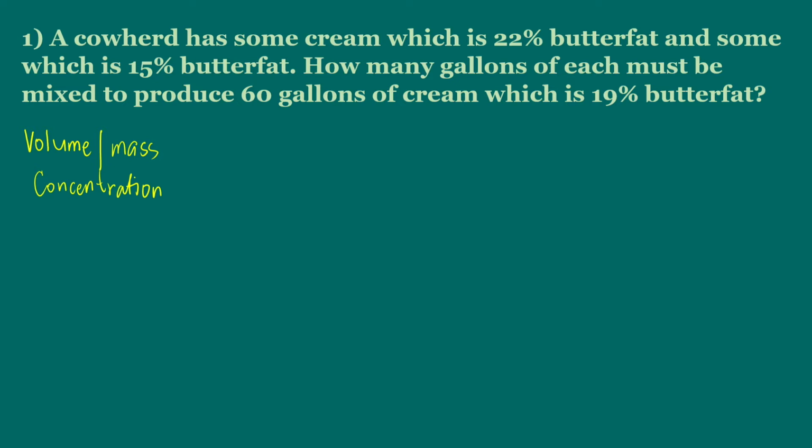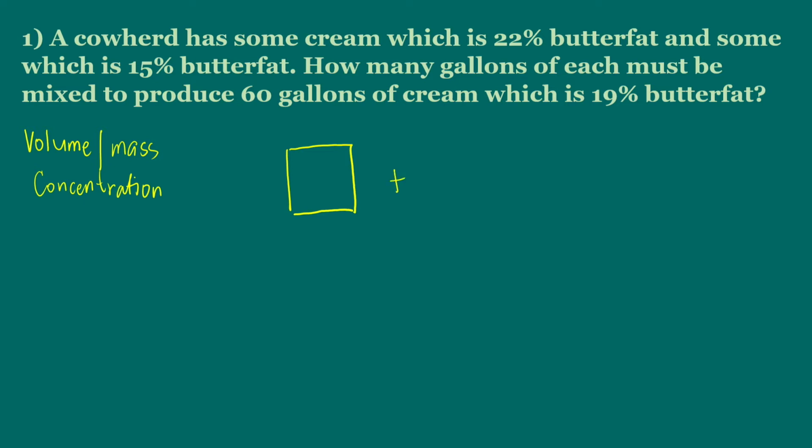So, we have two liquids to mix in this problem. Following the sentence, we are asked how many gallons of each must be mixed to produce 60 gallons of cream which is 19% butter fat.